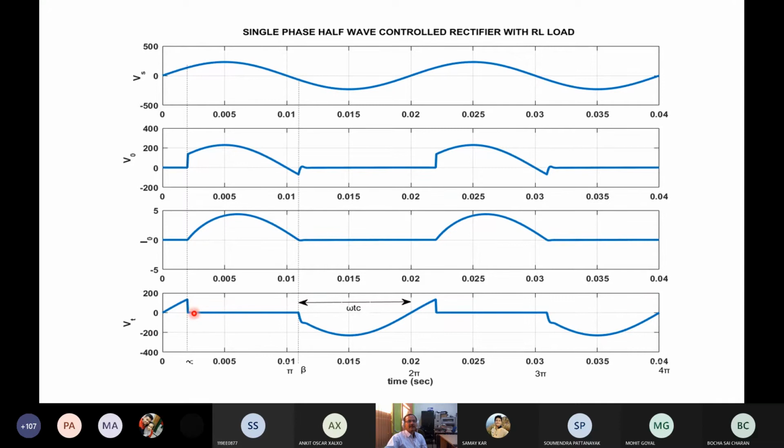When the thyristor is conducting, the voltage drop is 0. And when it is not conducting, it is the source voltage. Just by applying KVL, we will draw the VT, the voltage across the thyristor.